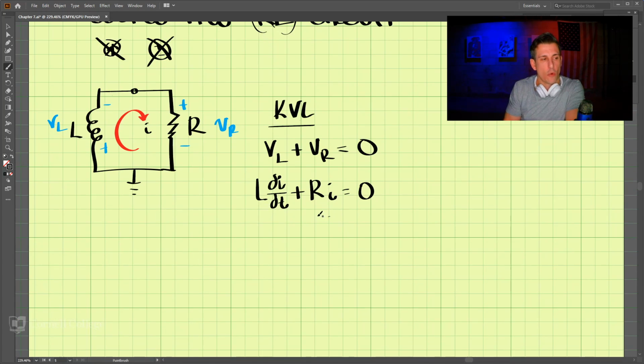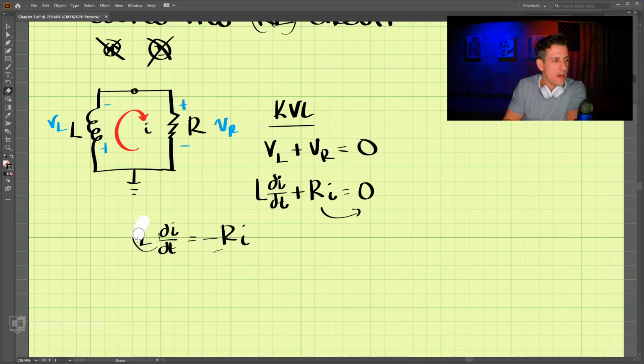We're going to take this equation and move the Ri to the other side. So we get an equation L di dt is equal to negative R times I. And we're going to move this L to the other side as well.